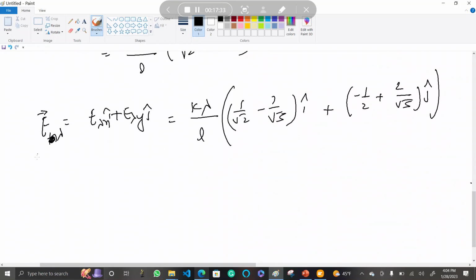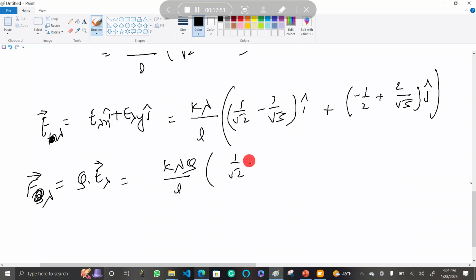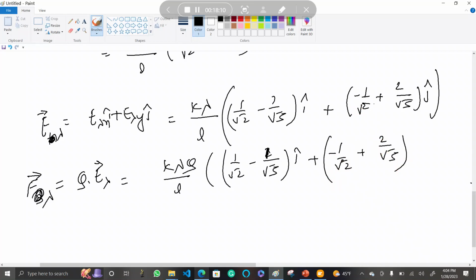So the electric force on Q because of lambda is Q into the electric field, equal to k lambda Q by L into 1 by root 2 minus 1 by root 5 i plus minus 1 by root 2 plus 2 by root 5 j. Okay, this is the force.